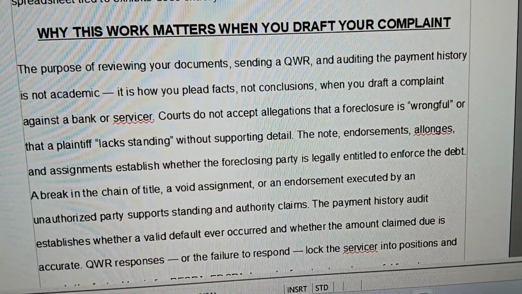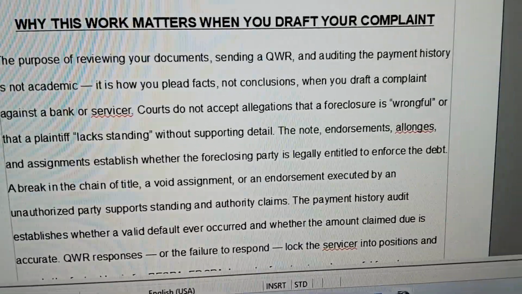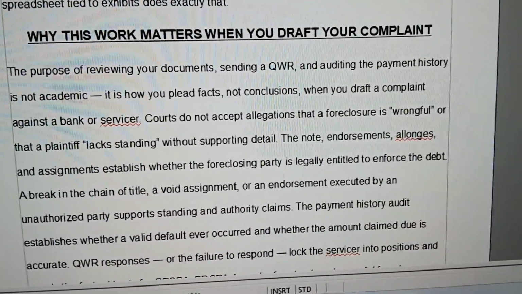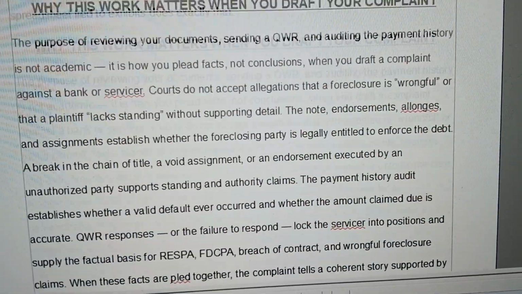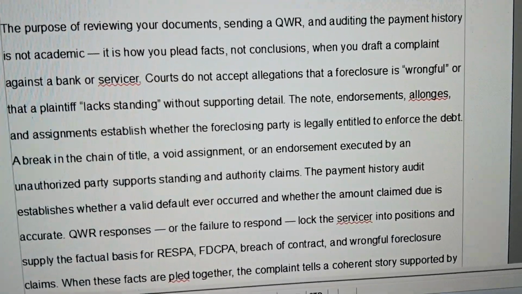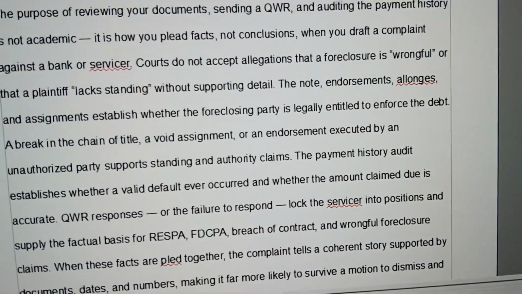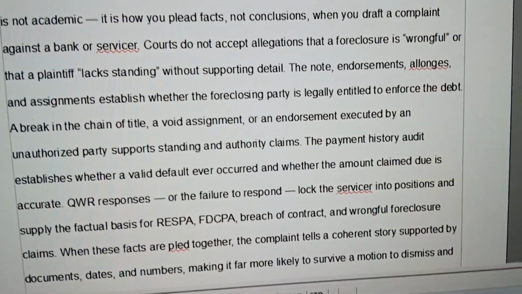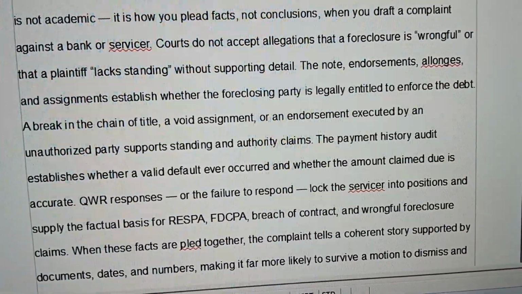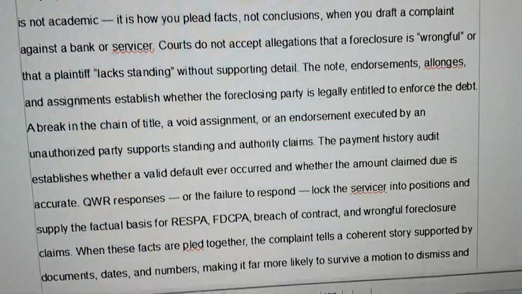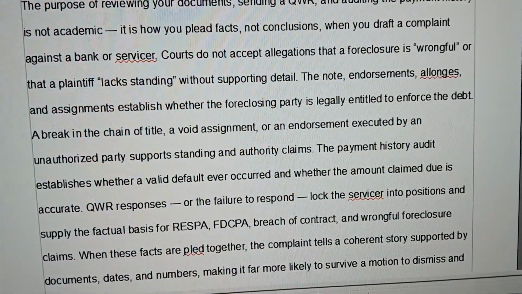The payment history audit establishes whether a valid default ever occurred and whether the amount claimed due is accurate. QWR responses, or failure to respond, lock the servicer into positions and supply the factual basis for the RESPA, FDCPA, breach of contract, and wrongful foreclosure claims.